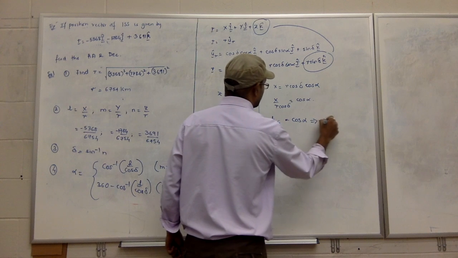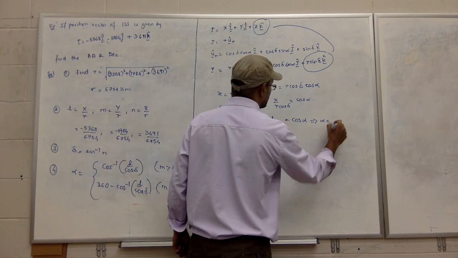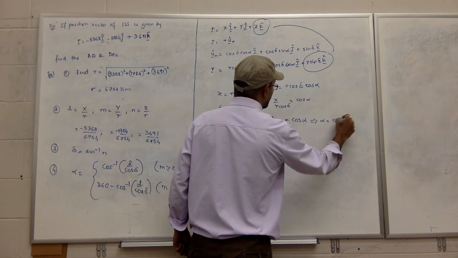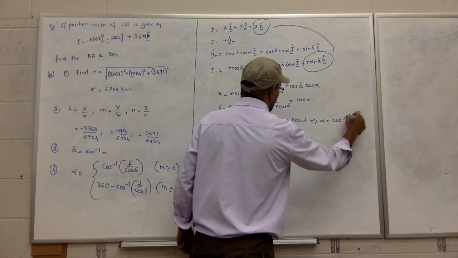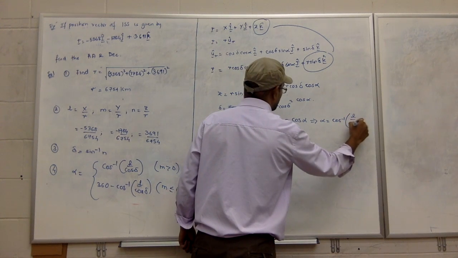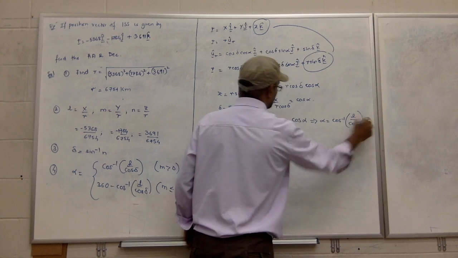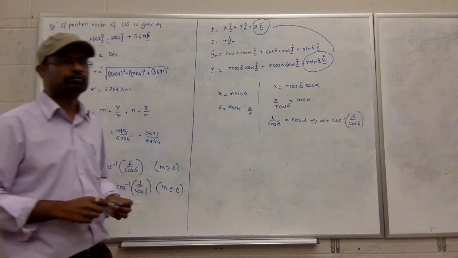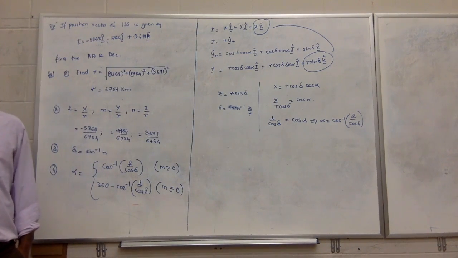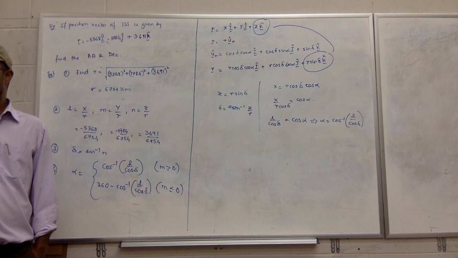This implies alpha is equal to cosine inverse of L over cosine delta. Make sense?